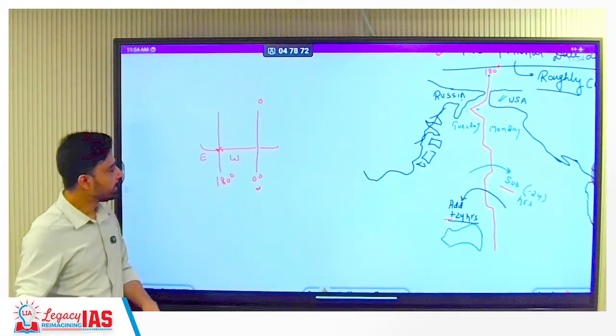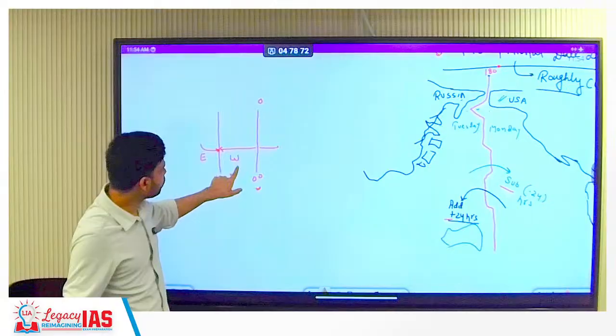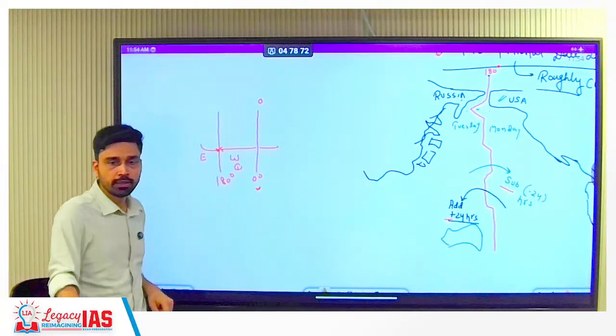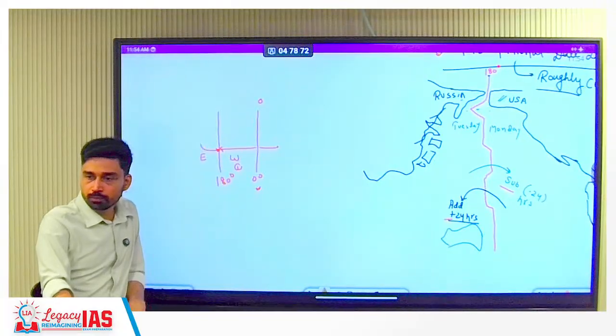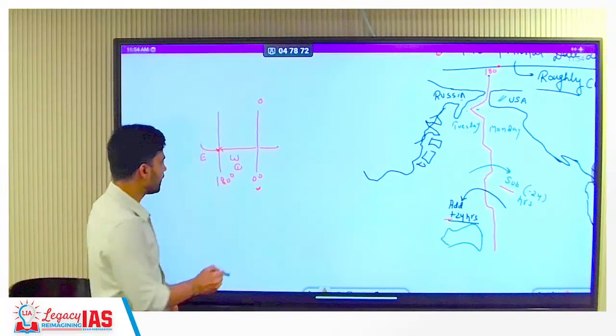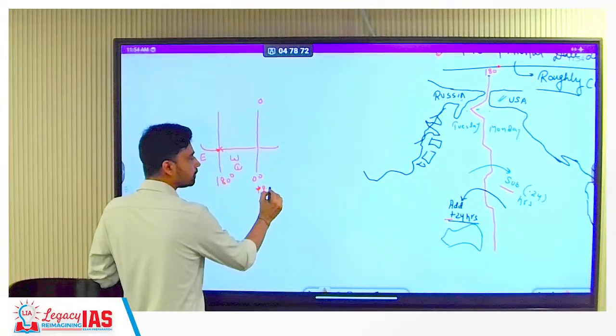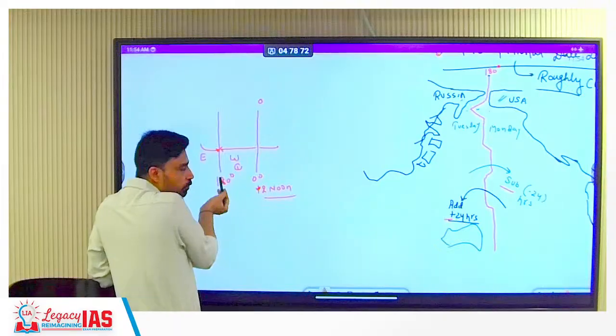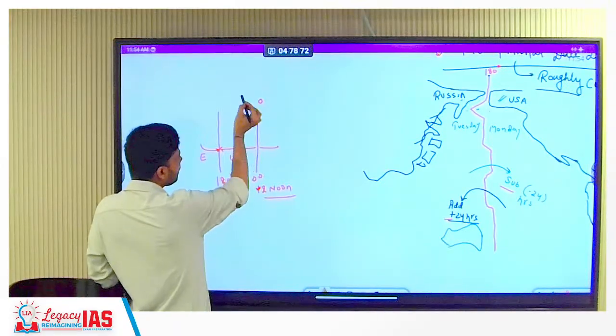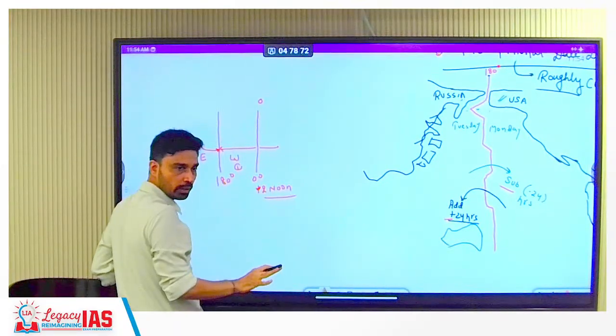12 hours. Suppose in the first case you are going in the western direction. So this 12 hours, will you add or subtract? In the west you subtract. So imagine you start your journey from 12 noon. While moving to the west you reach 180°. Now what is the time here? 12 noon minus 12 hours.